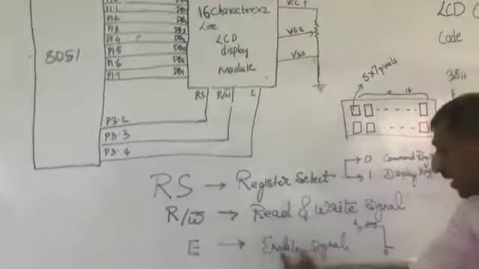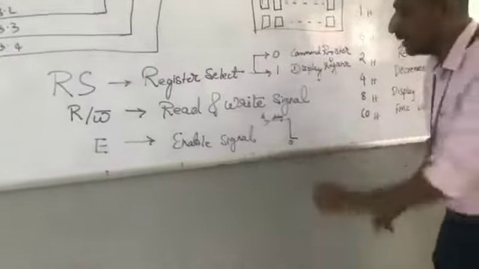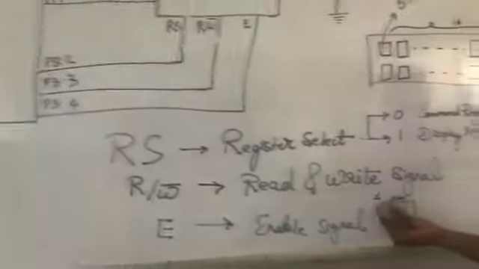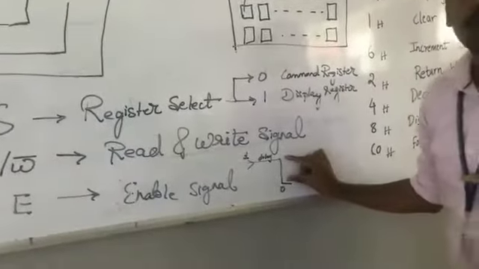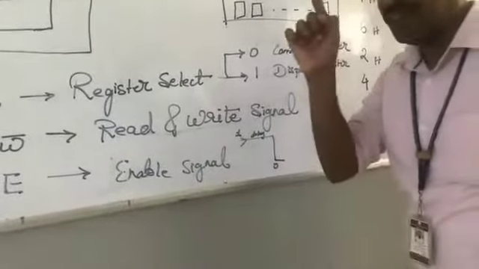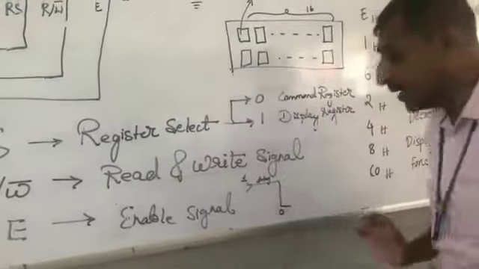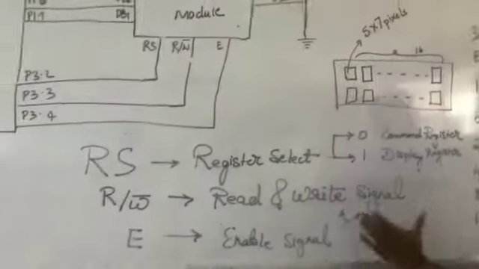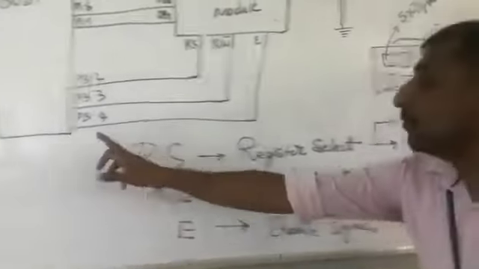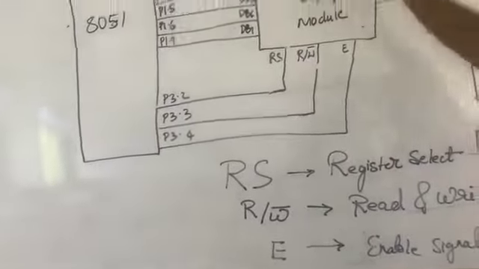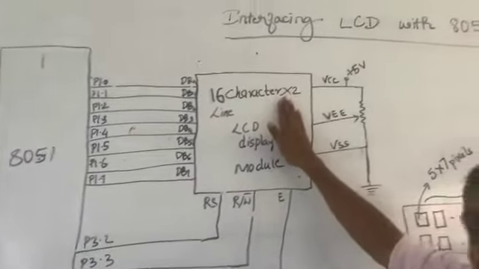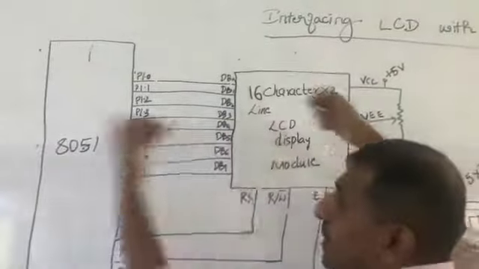It should be like this. For the enable signal, you send 1 on P3.4, create a delay, and then immediately send 0. Means it should be a lower level triggered signal. Okay, so when you send this particular signal on the enable pin, upon receiving it, the LCD module gets activated and it accepts the data which is sent by the 8051.